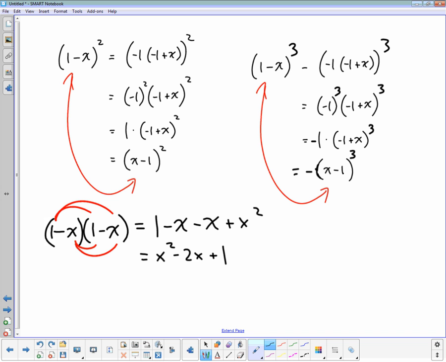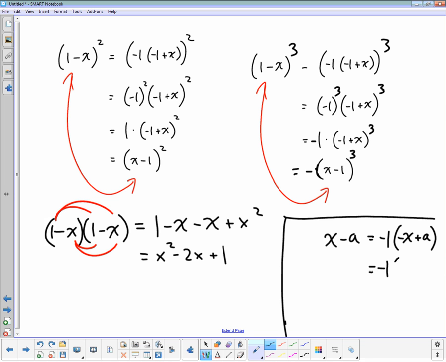But again, that's useful because sometimes you're given x minus a, and what you really want is a minus x, so pull out a -1. So you can flip the order of a binomial by just plopping a negative sign out in front of it.